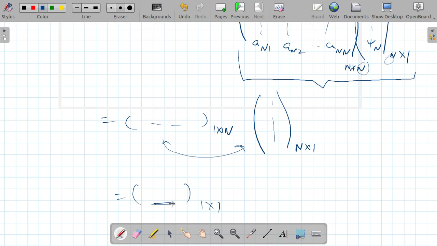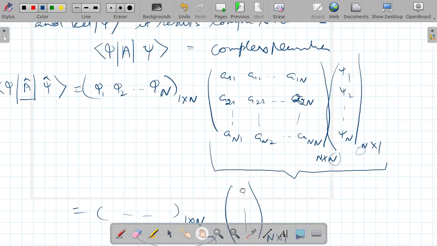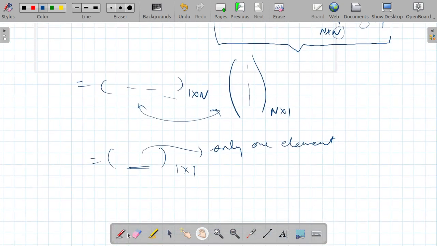So that means it contains only one element. So if phi, the operator and psi are all matrices in complex space, meaning all their constituents are complex numbers, then their resultant will always be a complex number. This is how things can be analyzed.